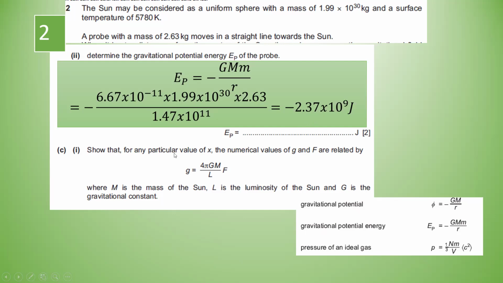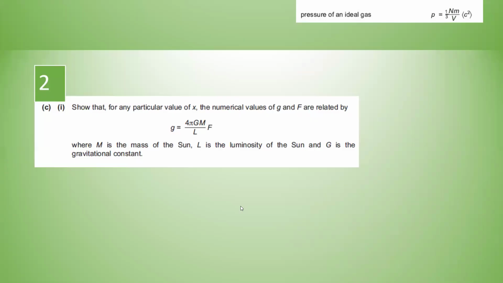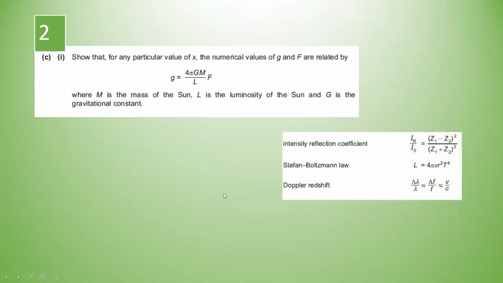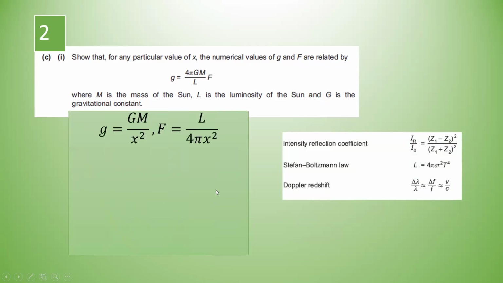Show that for any particular value of x, the numerical value of g and F are related by the formula, that one there, where M is the mass of the sun, L is the luminous intensity of the sun, and G is the gravitational constant. Basically using these two formulas, make x squared the subject, cross multiply, put x, take the F down, then replace it inside here.